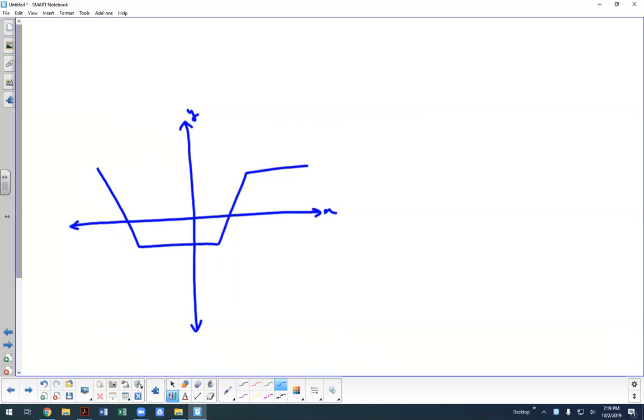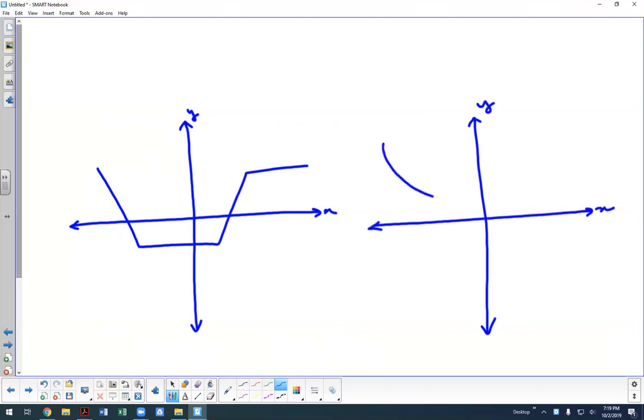So you can have the same graph because this guy would obviously be a piecewise function, right? There's no other function that would give you all of these. You can actually also have these with curved lines. So we could have a function that's going down this way, ends up going this way, and then, I don't know, ends up going the other way. I mean, you can use your imagination, right?